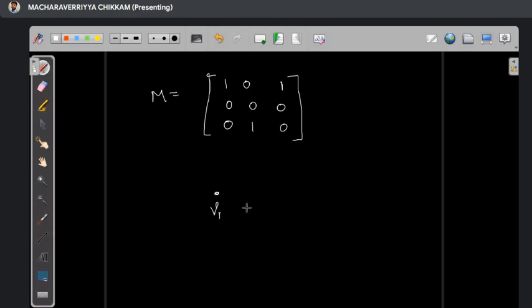Let me take V1, V2 and V3. So let me name it as E1, incident with 1. Okay. And the edge which is incident with 3, I call it as E3, and this is E2.